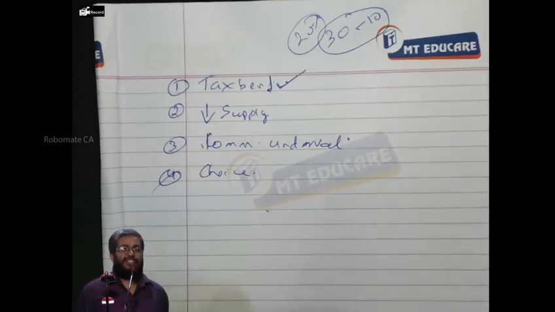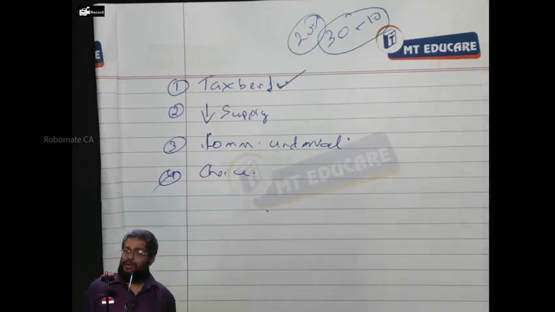Point 4. Dividend makes the shareholder compulsorily receive the money.